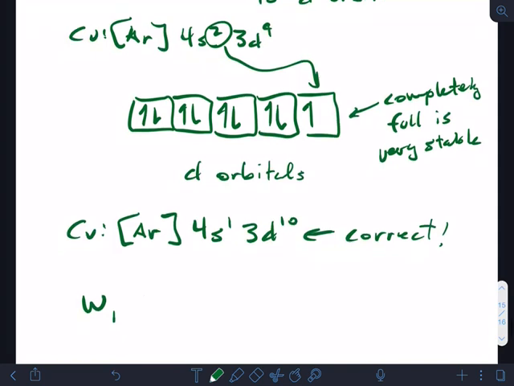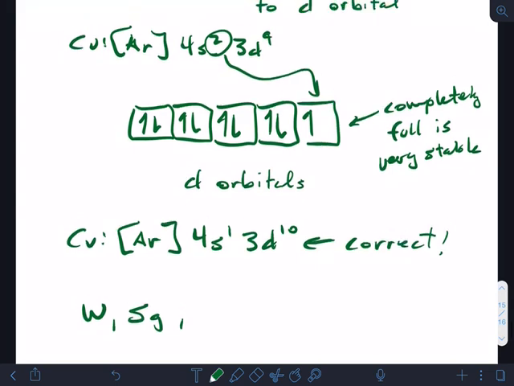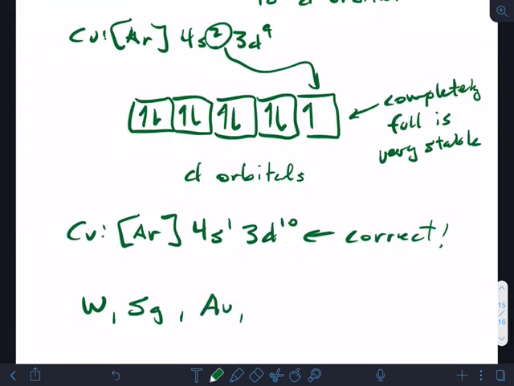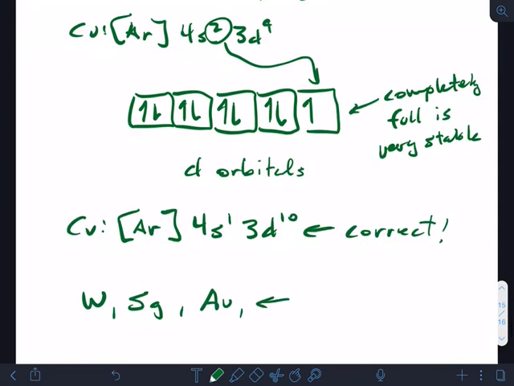You may wonder about tungsten, seaborgium, gold, and I'm not sure what Rg is. These don't do this. Okay?